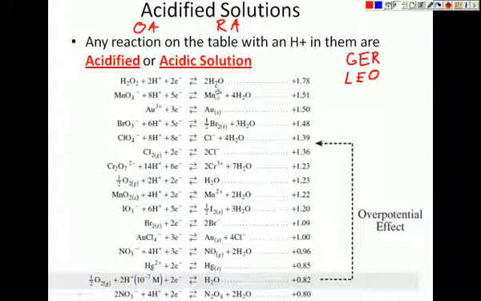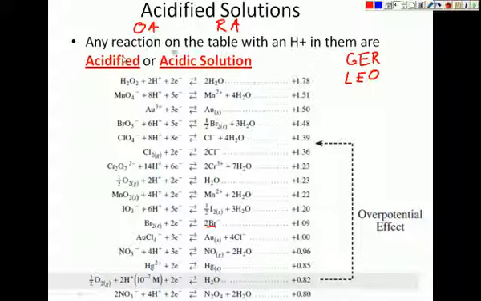Again, reducing agents are oxidized. So when Br minus loses an electron, it's oxidation, and therefore this is a reducing agent. It causes the other one to be reduced.